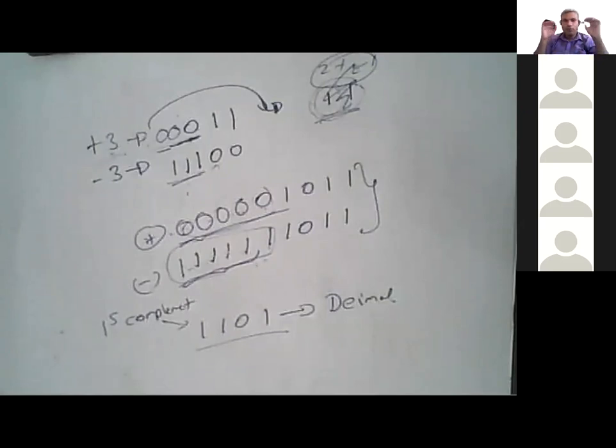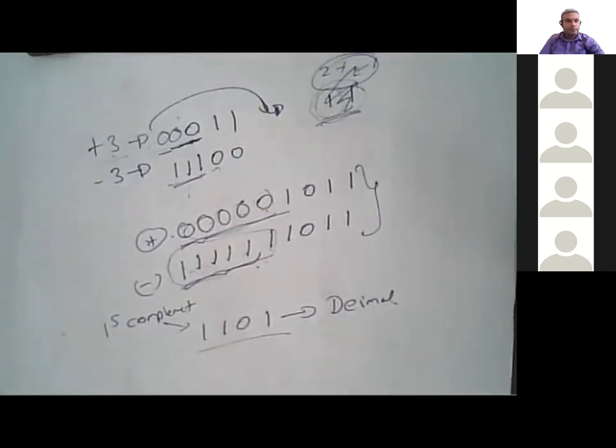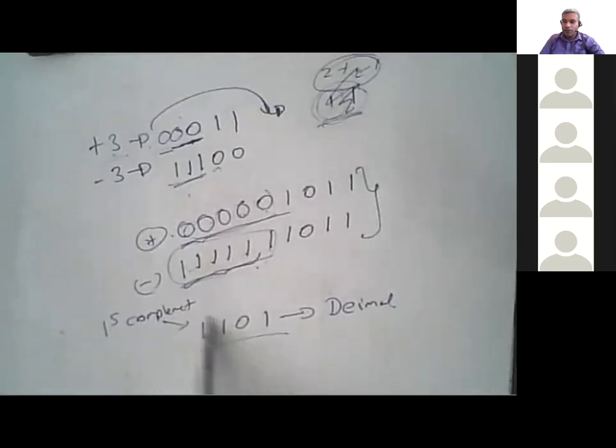Okay, I can see there's small confusion between people. First tell me, is this a positive number or a negative number? You should be able to decide it just by looking at the number. It's a negative number because you have a leading one.